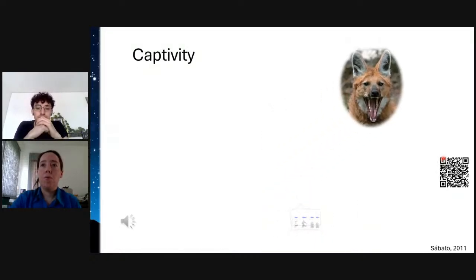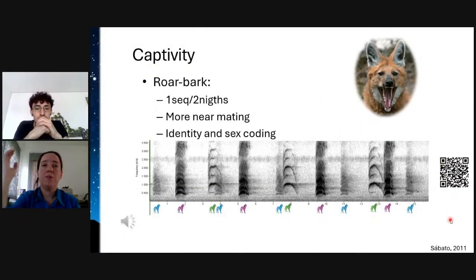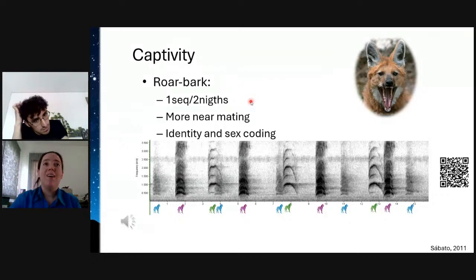Now, we'll focus specifically on the roar barks because it's a long-range vocalization. They emit it reasonably often. And another thing that we found is that it emits more near mating.